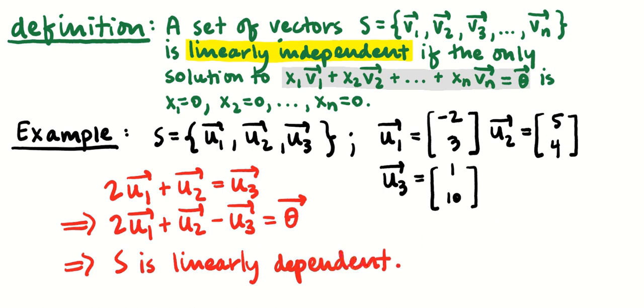Because I exhibited a non-trivial solution to the equation, where I'm getting a combination of the vectors and getting 0 back. Okay, so let's get one that is linearly independent.